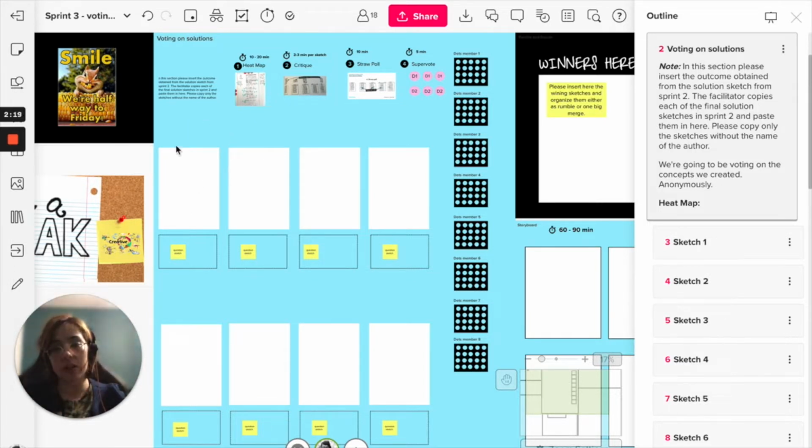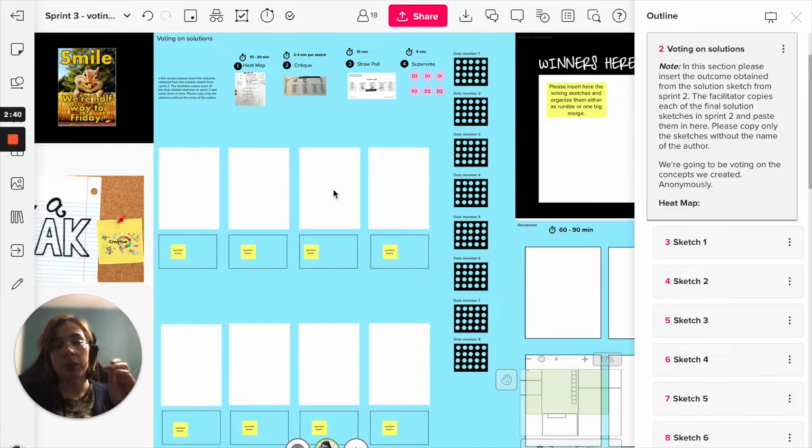In each white space, you're going to paste one of the final sketches of sprint 2. If you are 4 members, you should have 4 final sketches, using 1 space per sketch.